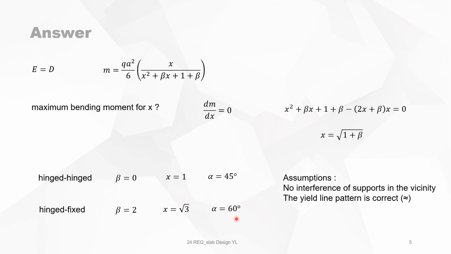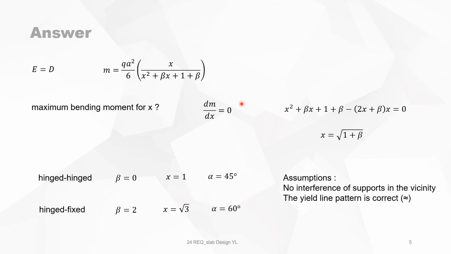has been proven. The assumptions that we've made here, and we must not forget it, are that there is no interference of supports in the vicinity, because we only took a triangle piece of slab. So that's an assumption, and the yield line pattern is more or less correct.